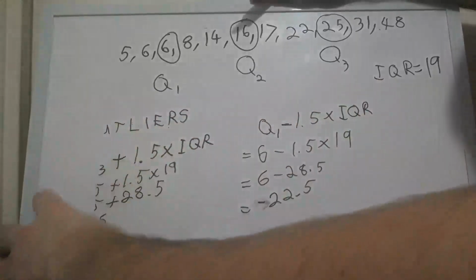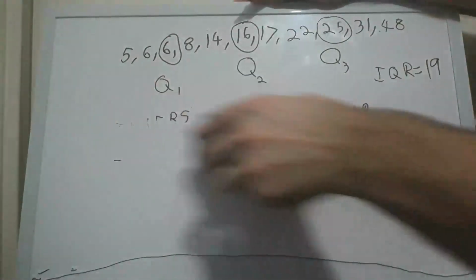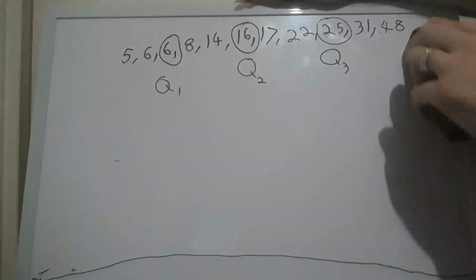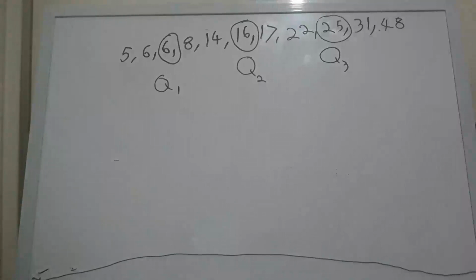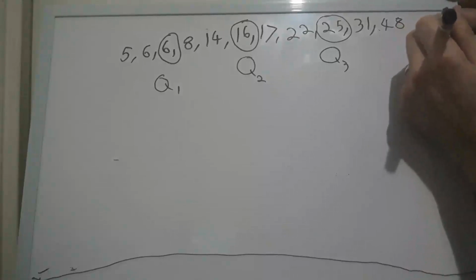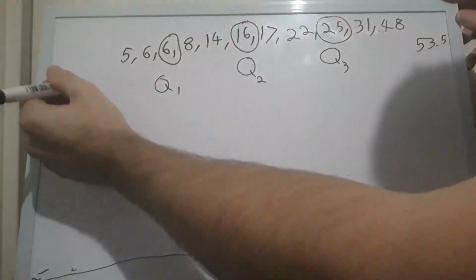I am going to keep this data set up here. Now, do you remember what the outlier values we determined were? From memory, it was 53.5 and negative 22.5.